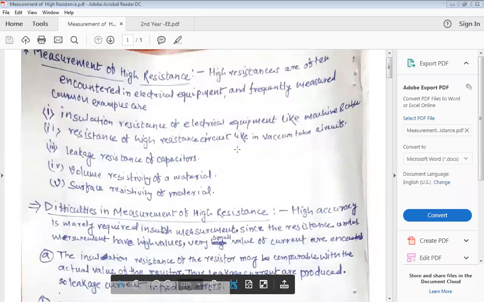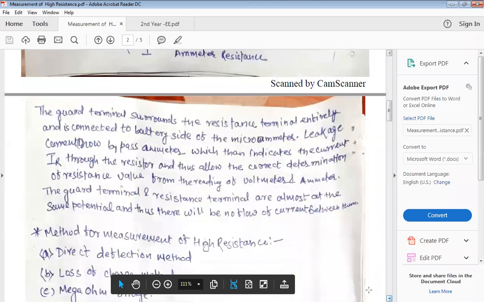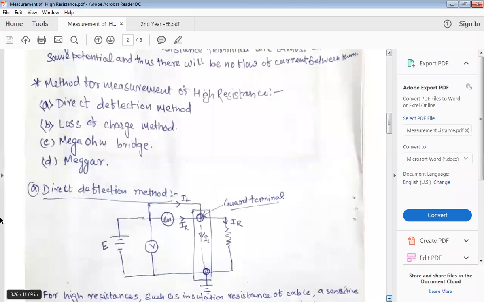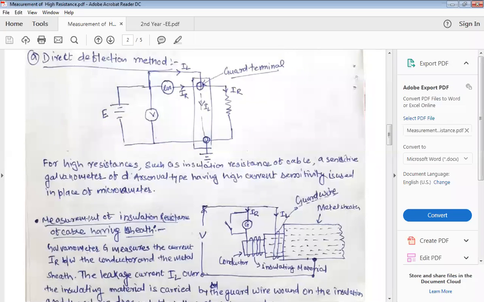Okay, now we will discuss the different methods. The first method is the direct deflection method. Suppose using the direct deflection method you want to measure the resistance of a conducting material, that means a conductor.